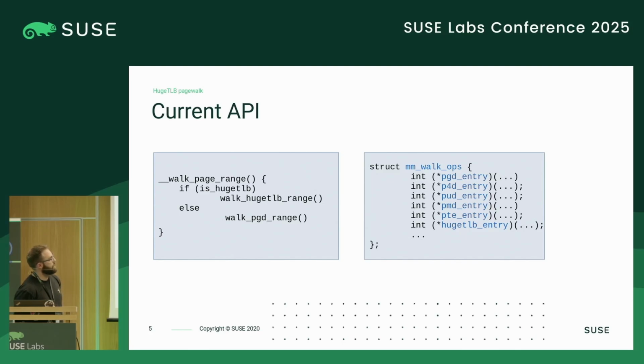And the funny thing is that those functions share quite a lot of code with the other ones. It's just that it had to be rewritten that way because HugeTLB has its own way of doing things, and, you know, the story.